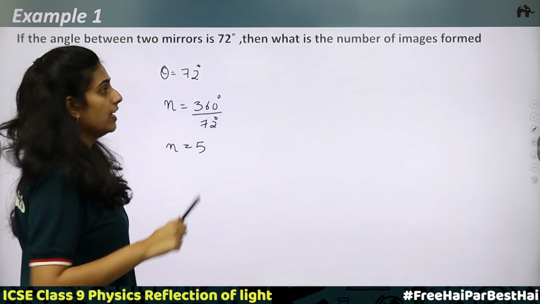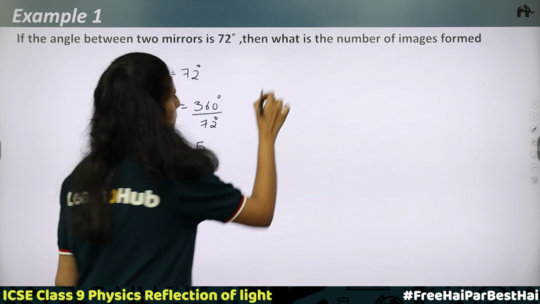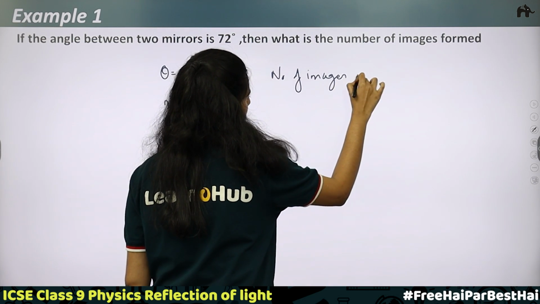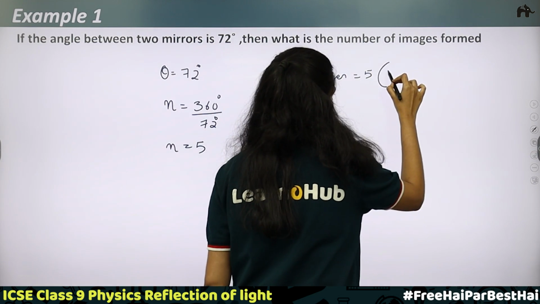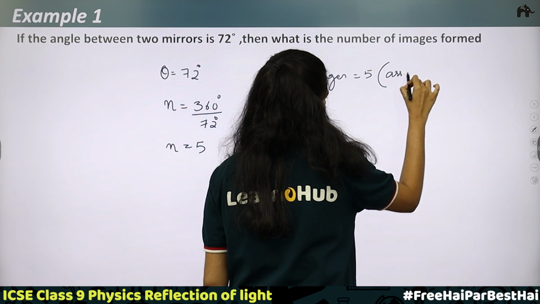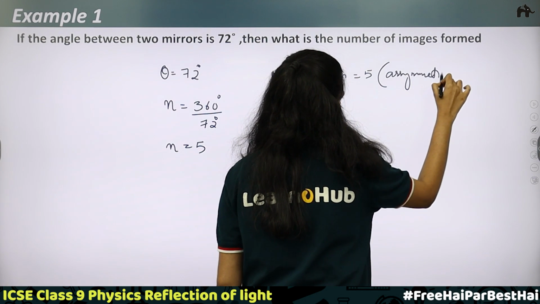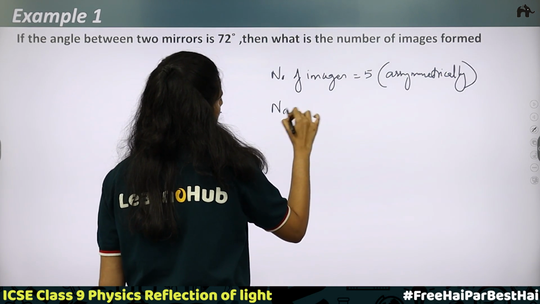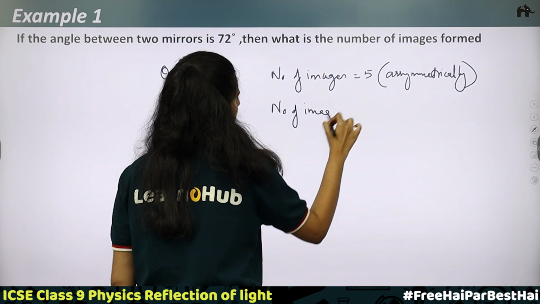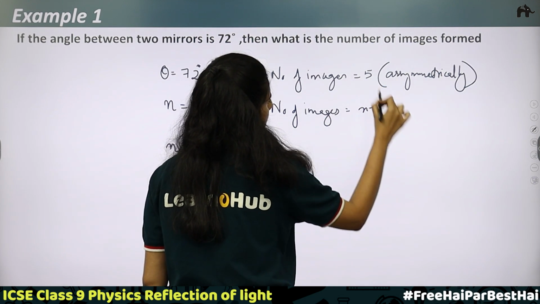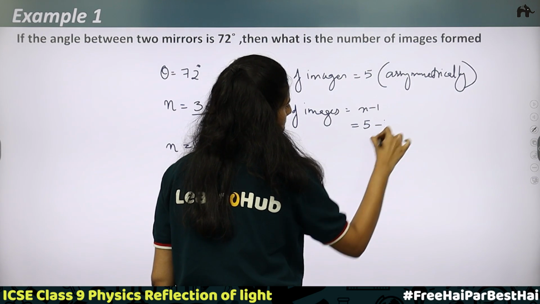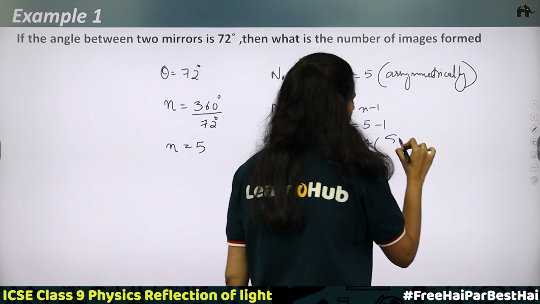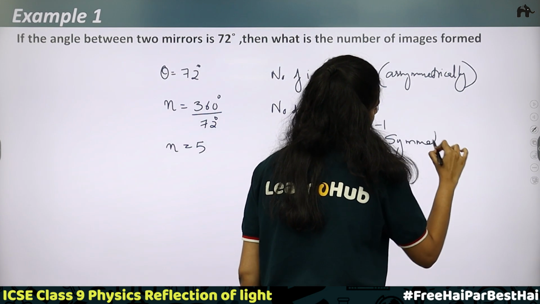We need to find what the number of images is. The number of images will be equal to 5 if the object is placed asymmetrically. And the number of images will be n minus 1, which is equal to 5 minus 1 equals 4, if the object is placed on the bisector, if the object is placed symmetrically.